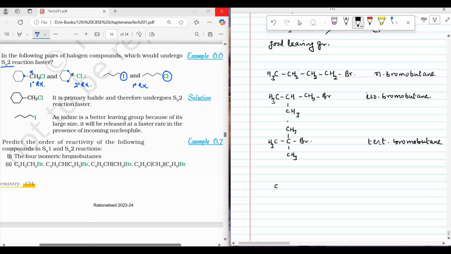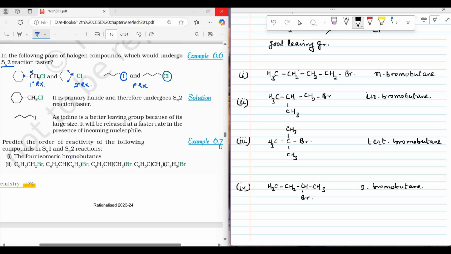Here we can draw Br at the second position: CH2, CH, CH3 and here I attach Br. So it will become 2-bromobutane. So these are the 4 isomers of bromobutane. This is first, second, third and this is the fourth one.